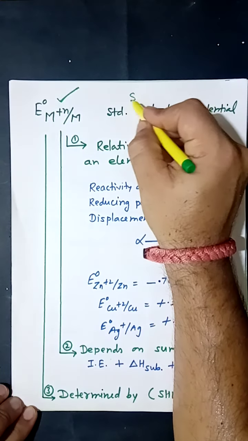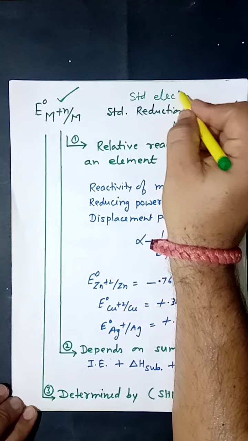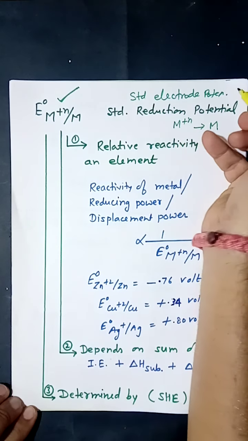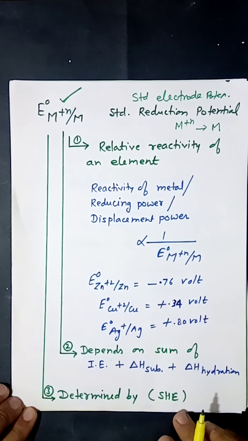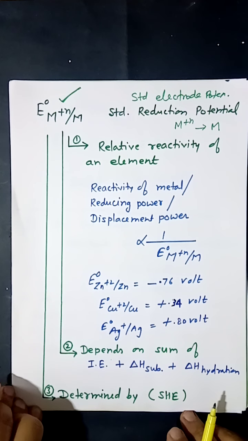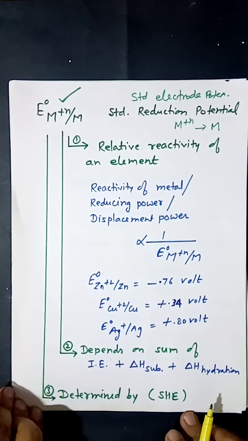This is also pronounced as standard electrode potential, because this is for a particular electrode only and it's not for a cell. So it is standard electrode potential, or it is standard reduction potential. You can also say it is standard reduction electrode potential.